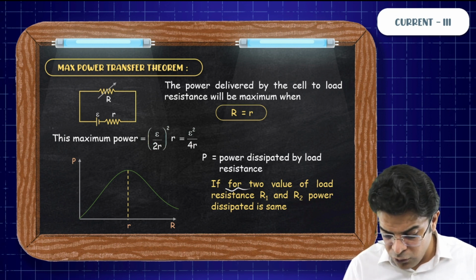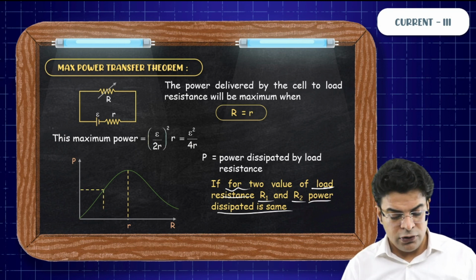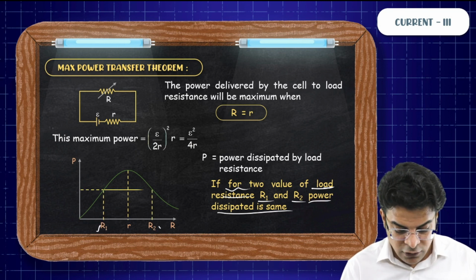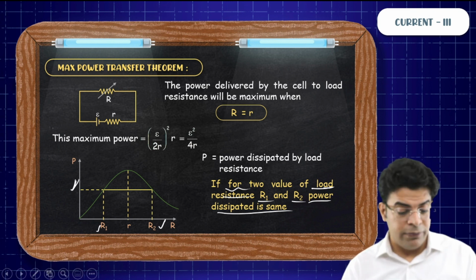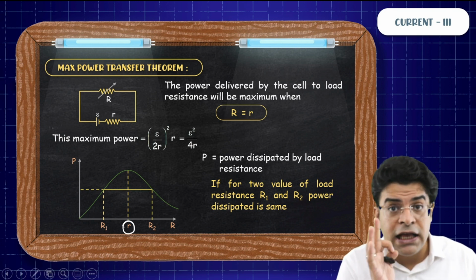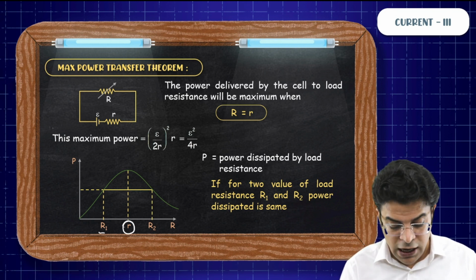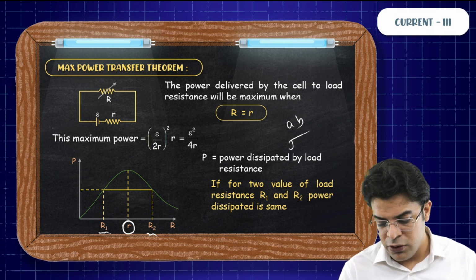So if for two values of load resistance R1 and R2 the power dissipated is the same, then the internal resistance of the cell has to be the geometric mean of R1 and R2. The geometric mean of two numbers A and B is root AB.